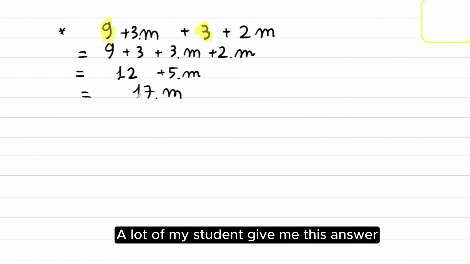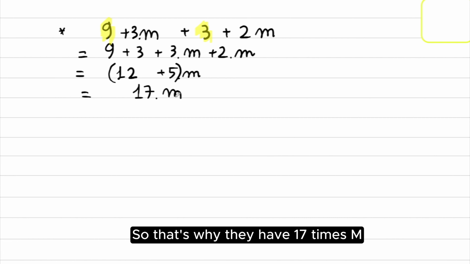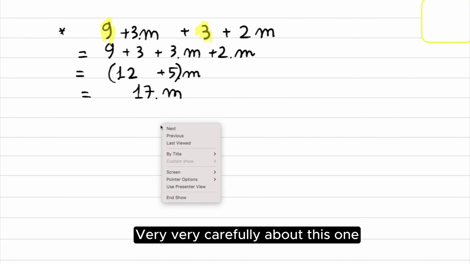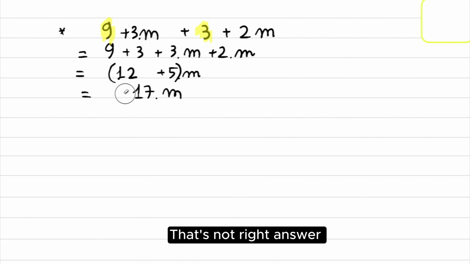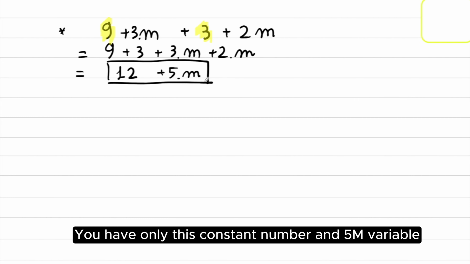A lot of my students give me this answer, because they think that 12 plus 5 equals 17. So they write 17 times m. No, that's not the right answer. Be very, very careful about this one. So the final answer, you have only this constant number and 5m with the variable.